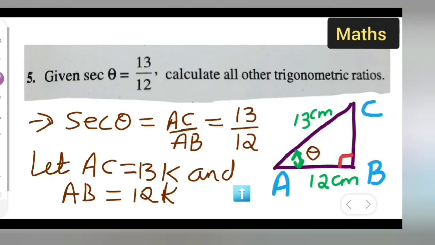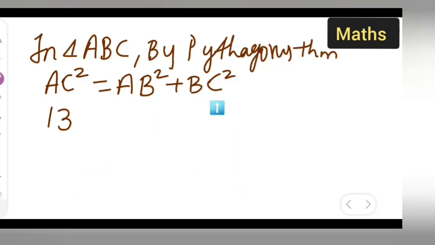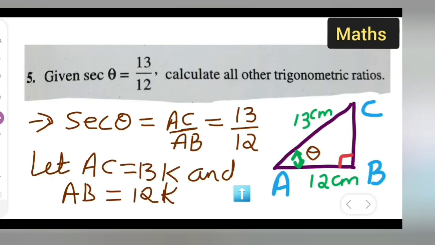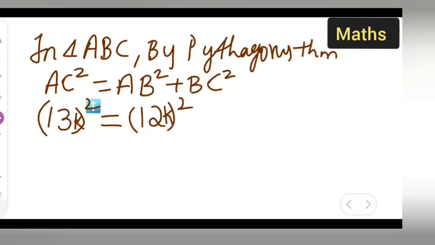So write down 13k square is equal to 12k square, because we replaced AC by 13k and AB by 12k, plus BC the whole square, write it as it is.